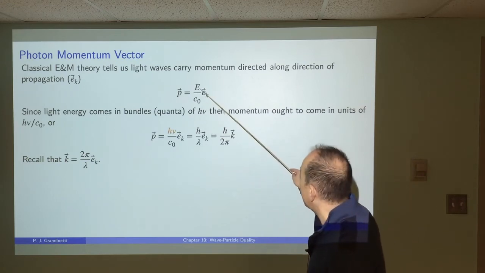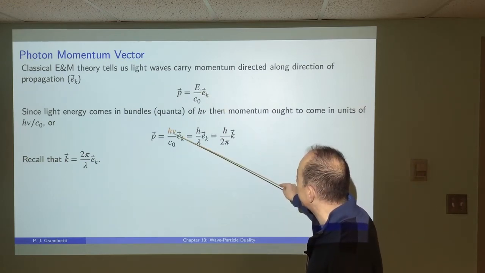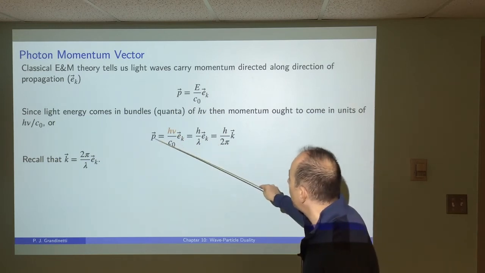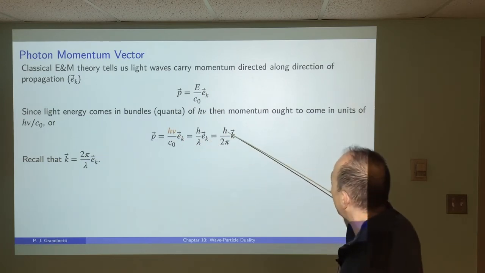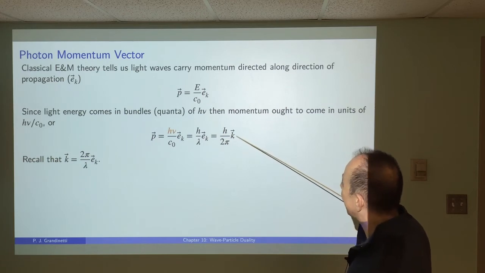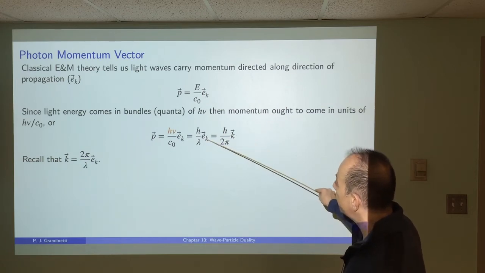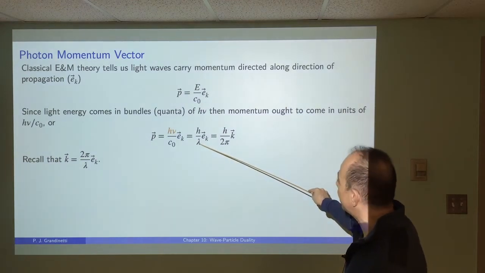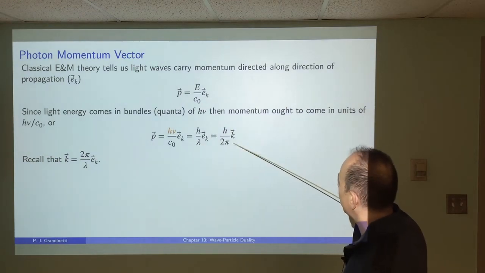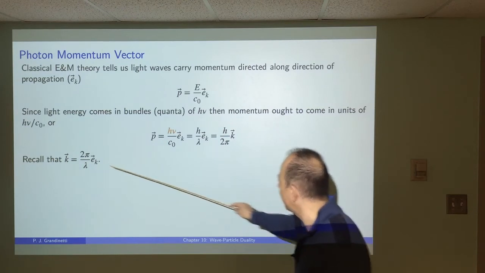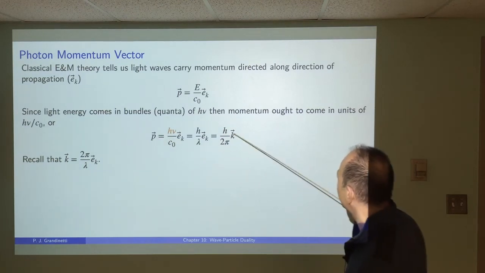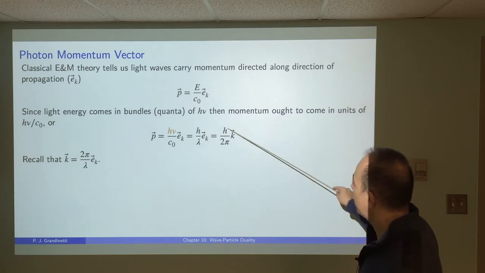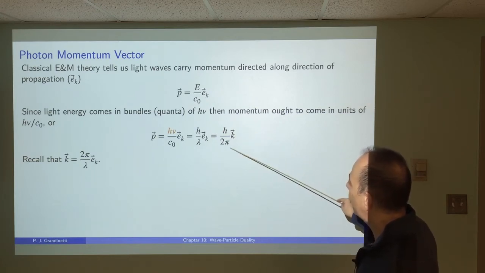If I take Einstein's expression for energy and plug it in here, then I can rewrite this so that the momentum vector is equal to h over 2 pi times the k vector. Remember, this is just the unit vector along the direction of k, and this is 1 over lambda, so we can rearrange this with our definition of k, and we can write that the momentum vector is just proportional to the k vector times this proportionality constant h over 2 pi.